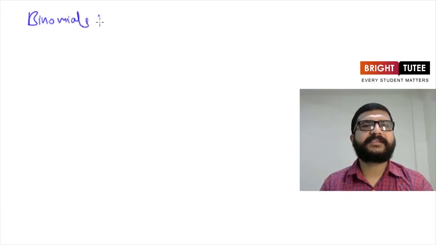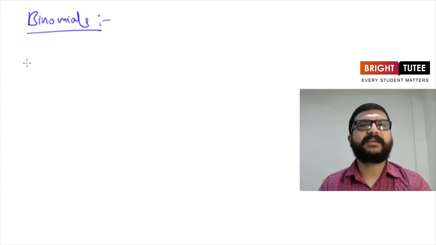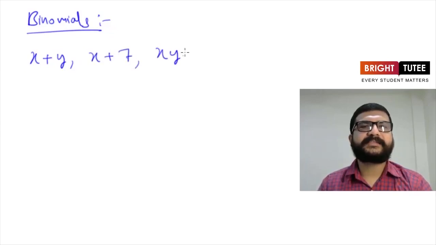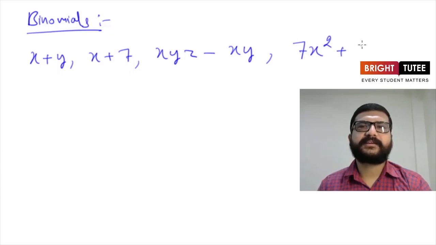Now let's move to the next part, and that is binomials. As we have seen, an algebraic expression having 2 terms is known as a binomial. So we can have x plus y, x plus 7, xyz minus xy, 7x square plus 2y square.